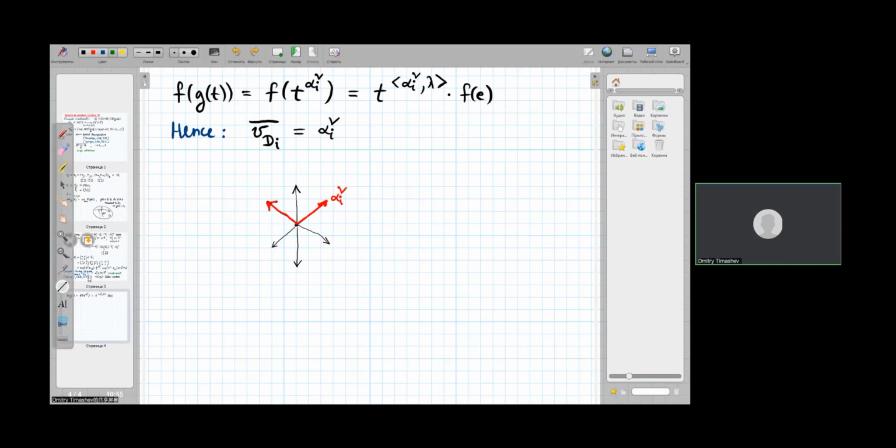Let me draw it on the picture. So the valuation cone is this negative Weil chamber, like this. This is the valuation cone.